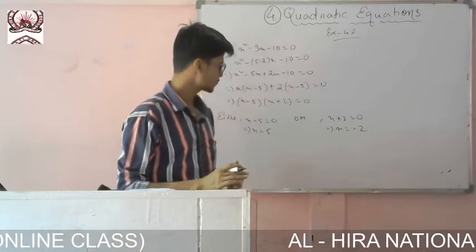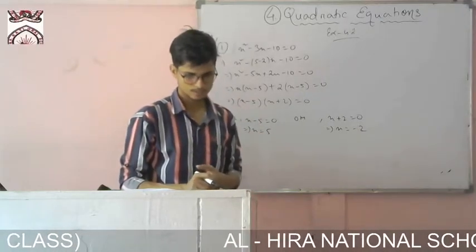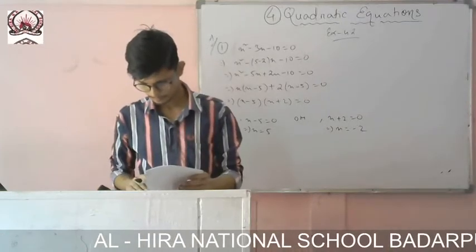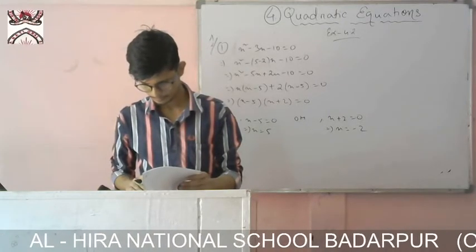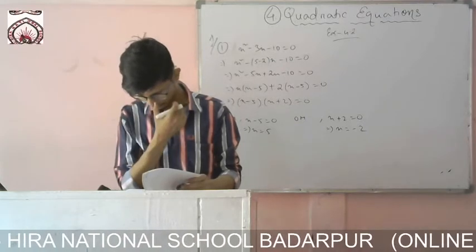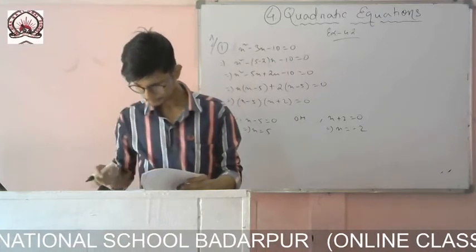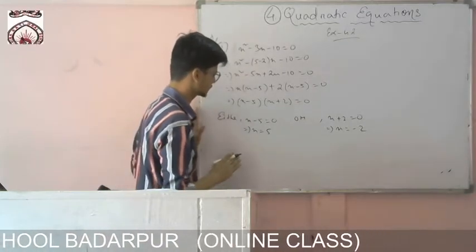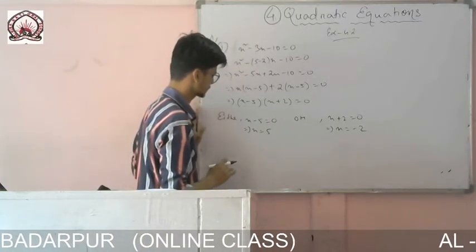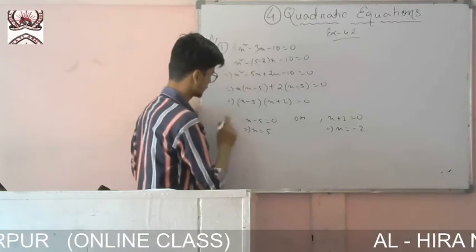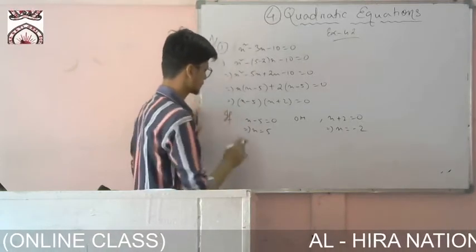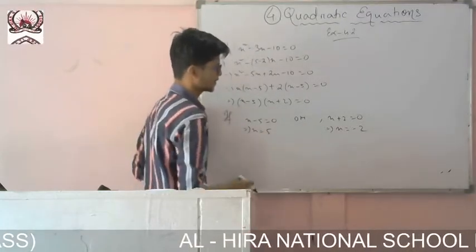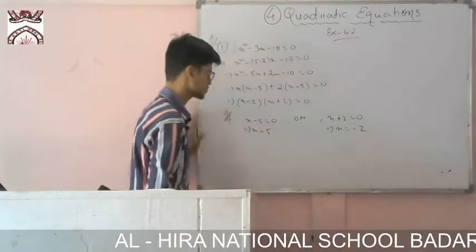So either x equals to 5 or x is equals to minus 2. What you write, if it will be better, if x minus 5 equals to 0, then x equals to 5, or if x plus 2 equals to 0, then x equals to minus 2.